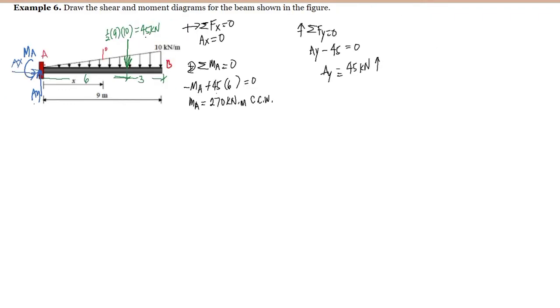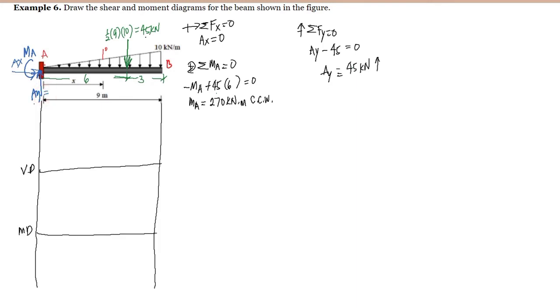Since we already computed for the value of the reactions at the support, we can now draw the shear and moment diagram using the area method. We have here AY is equal to 45 kilonewton upward, and this moment at A here is equal to negative 270 kilonewton meter.